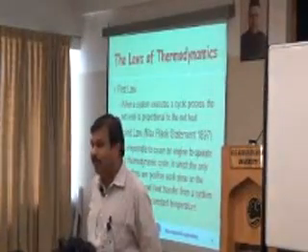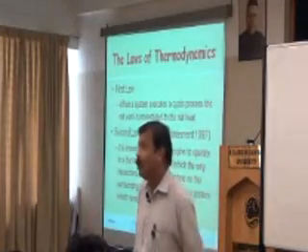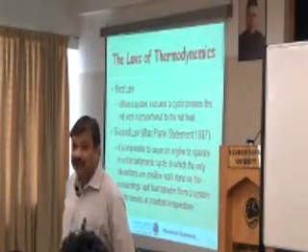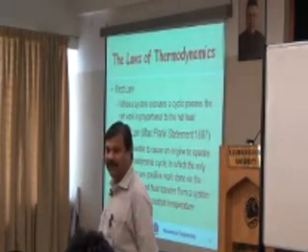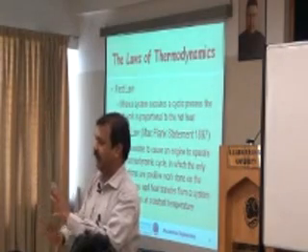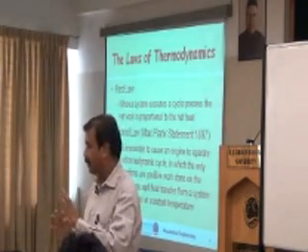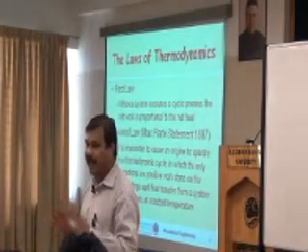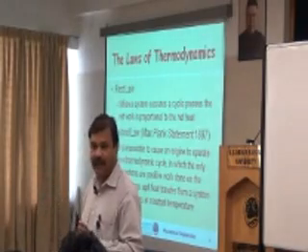What is the formula for Carnot efficiency? 1 minus T2 by T1, where T1 is the source temperature and T2 is the sink temperature. If a Carnot engine operates between the source and sink, the efficiency of the engine cannot exceed 1 minus T2 by T1.